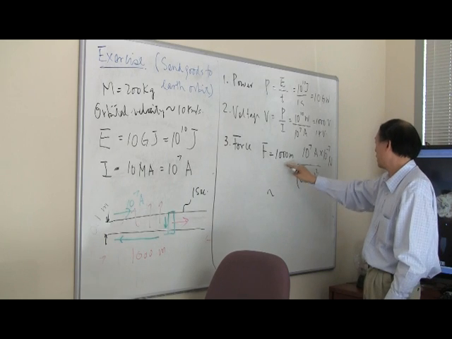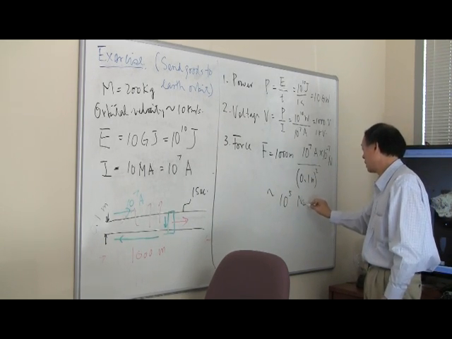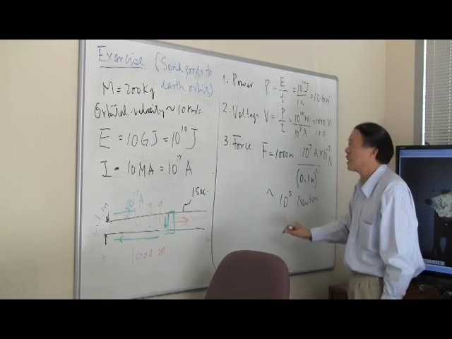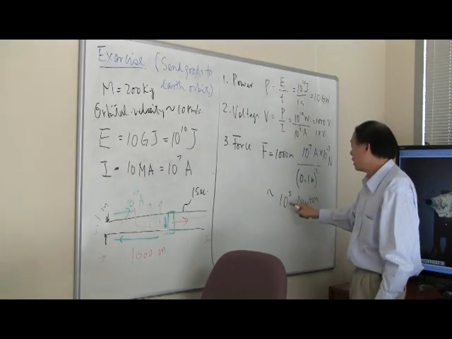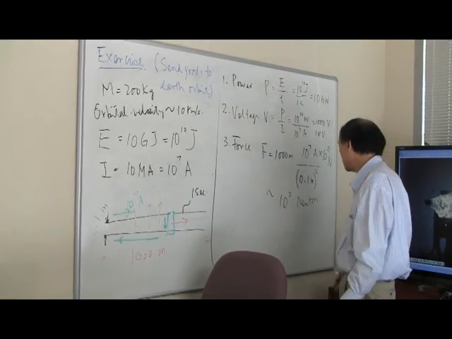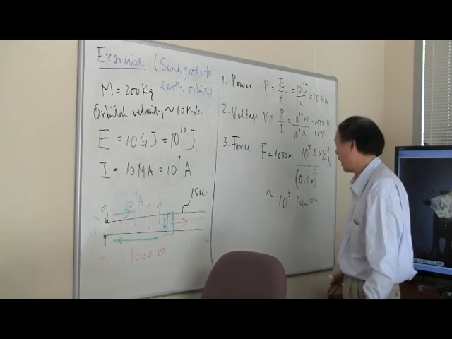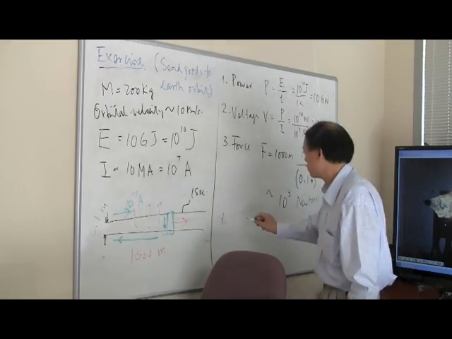You have 10 to the 3 and 10 to the 2, basically 10 to the 5th Newton. And that's a very significant force because we only have about 200 kilogram, and therefore the acceleration could be in terms of 1,000 meter per second squared.